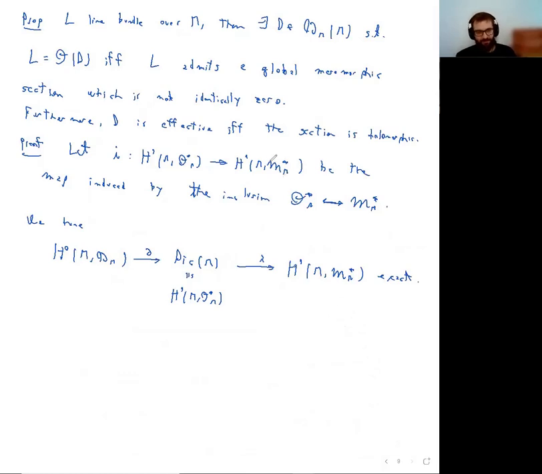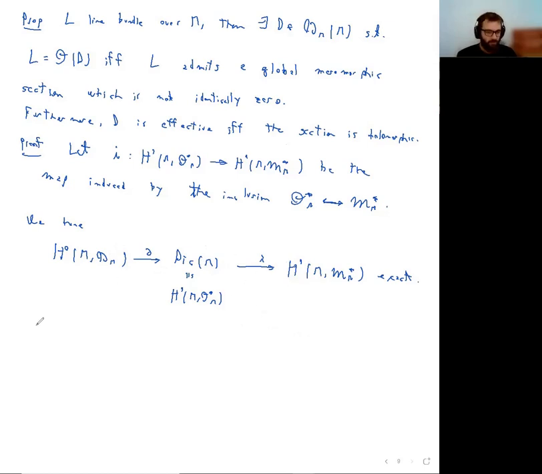So divisors are defined as never zero meromorphic functions modulo never zero holomorphic functions. That would have been weird otherwise. And now this is exact because it comes from the short exact sequence defining divisors.